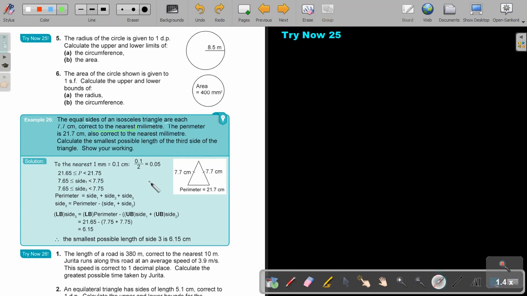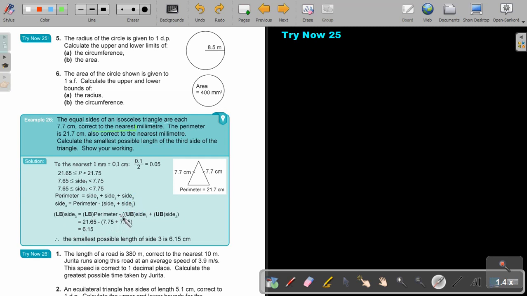Now, don't forget, if I want the perimeter, it's just side plus side plus side. But these sides are the same, so it's almost like 2 of these sides plus this side. So if I want the third side, it's the perimeter minus that side minus that side.